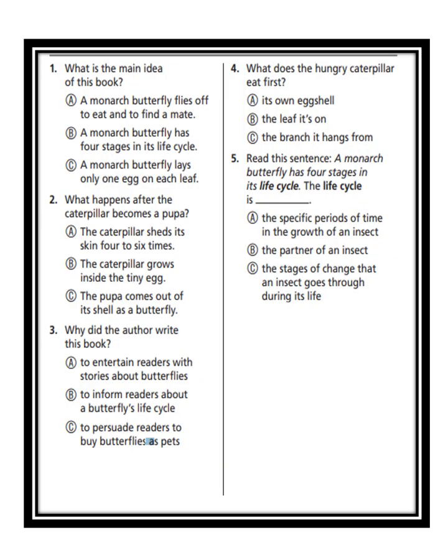Boys and girls, let's look at the first question. It says, what is the main idea of this book? Remember, in other videos, we had lessons on what is the main idea. And the main idea of a story is what the story is mostly about.